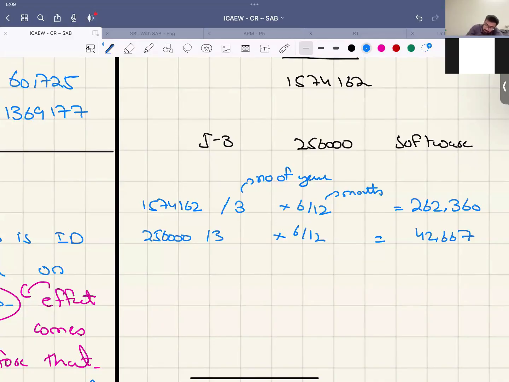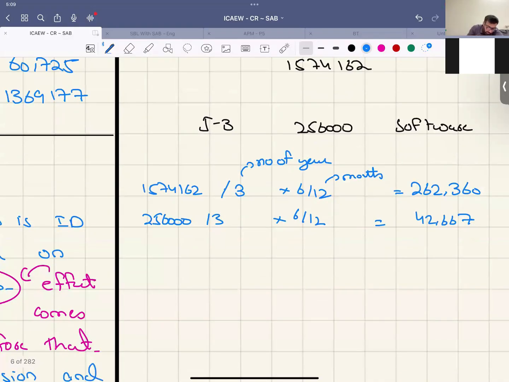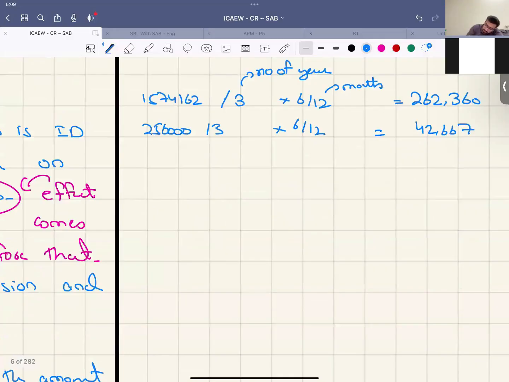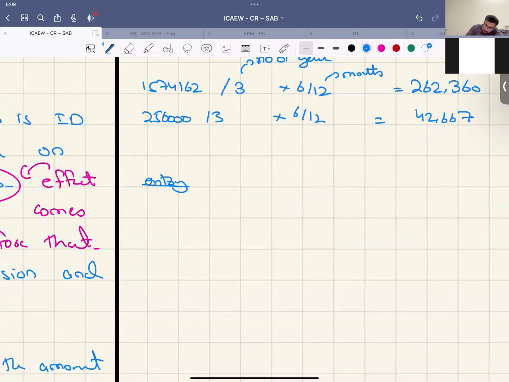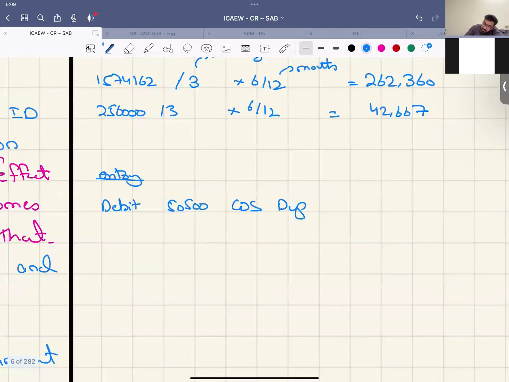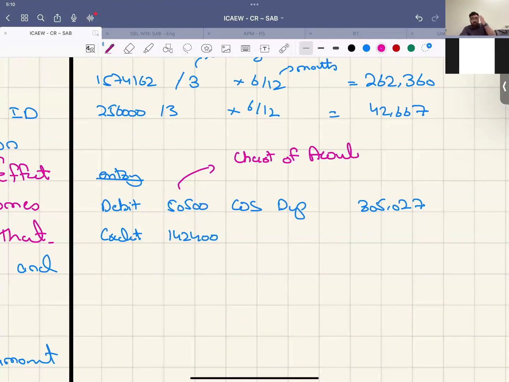So now the last entry. For this debit, that GL would be 50500, cost of sales, depreciation 305027, the accumulated depreciation, that's 12400. So how did you get that GL from the software? I dived in chart of accounts.